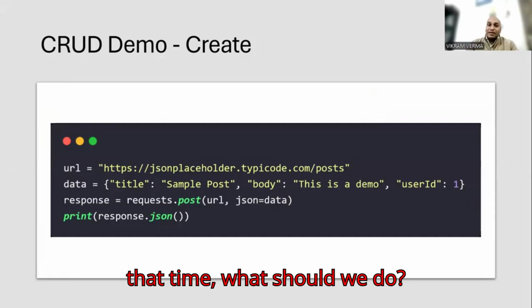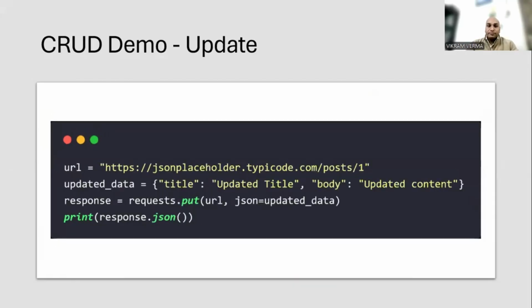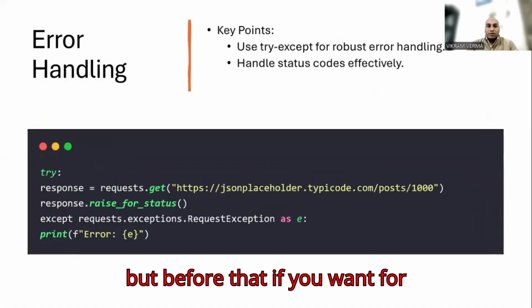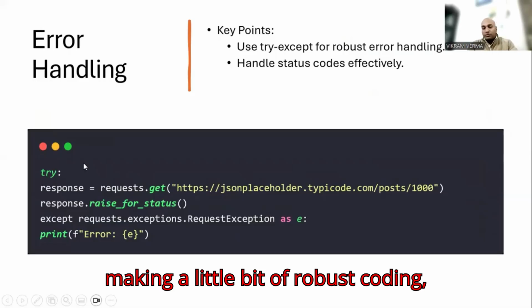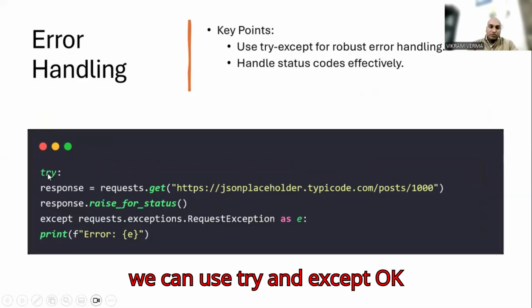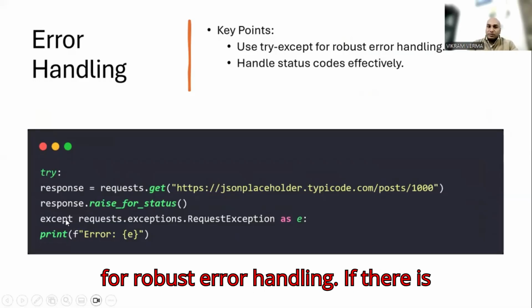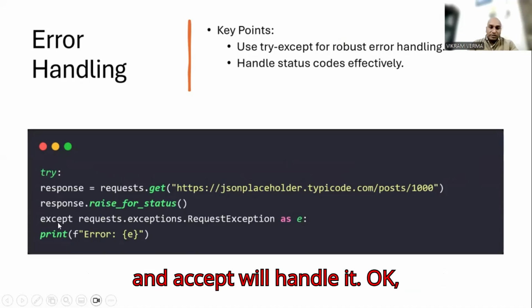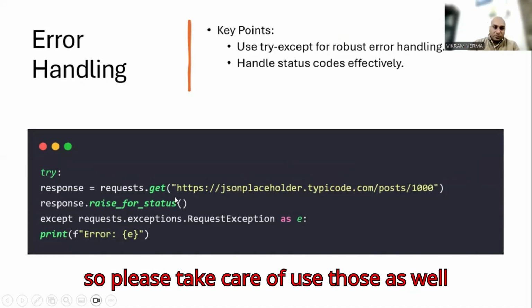At that time, what should we do? We need to use our own. But before that, if we want to make a little more robust code, we can use try and except. For robust error handling, if there is anything, try will raise that exception and except will handle it. So please take care to use those as well if you want.